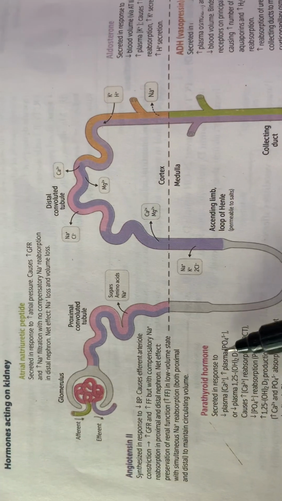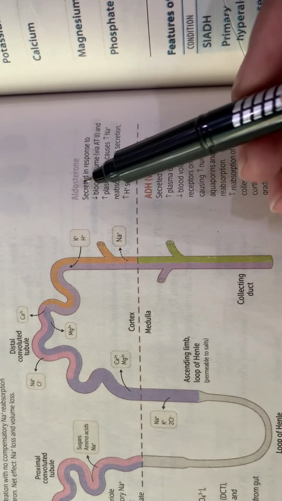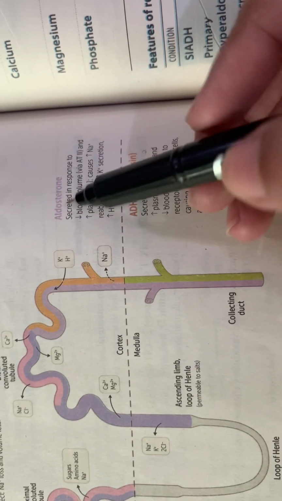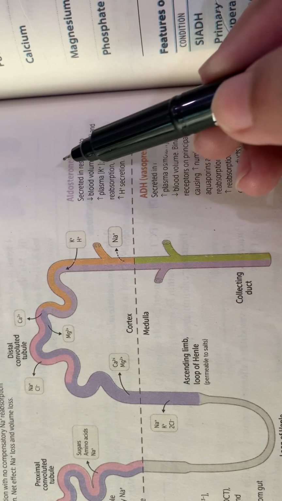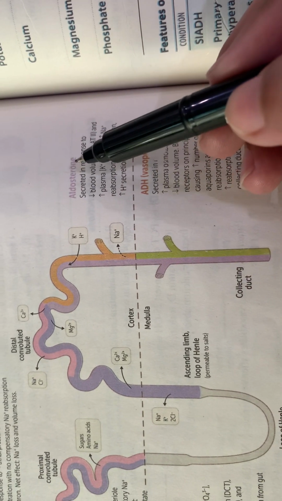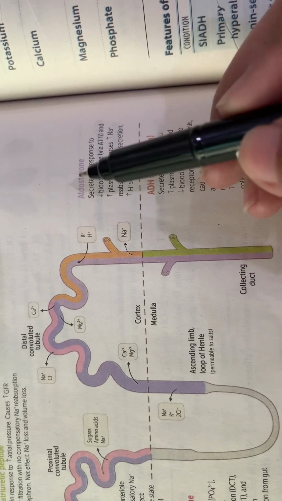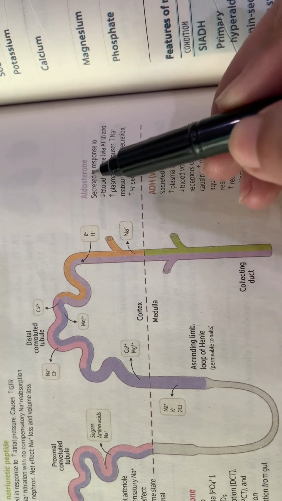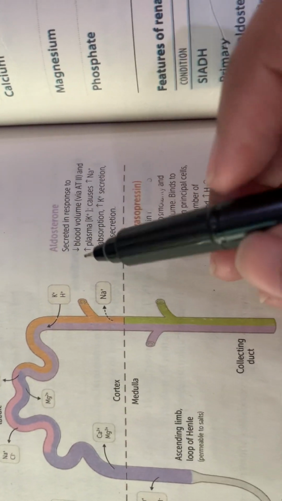Then comes aldosterone, which is activated by the same renin angiotensin aldosterone system via which angiotensin II was activated. Angiotensinogen is converted to angiotensin 1 via renin, and angiotensin 1 is then converted by the angiotensin converting enzyme into angiotensin 2, and then angiotensin 2 activates aldosterone by acting on the adrenal gland cells.